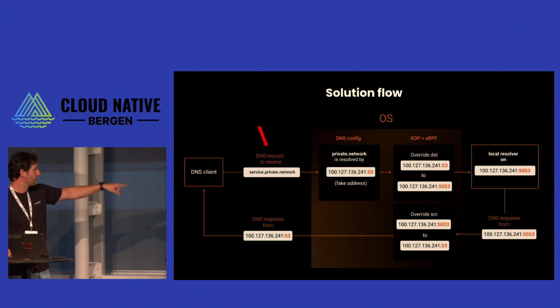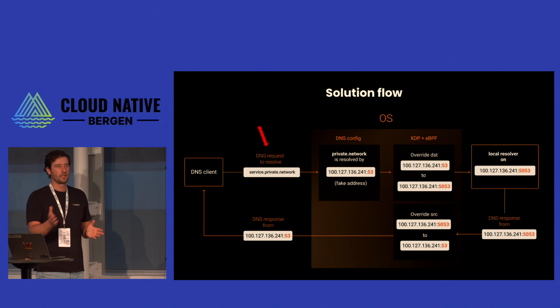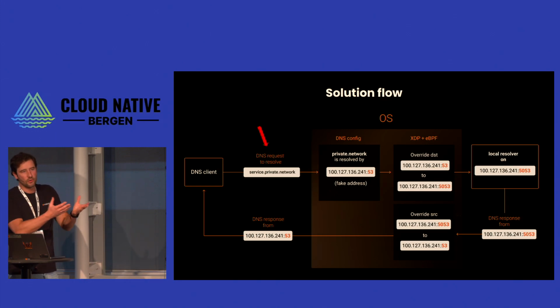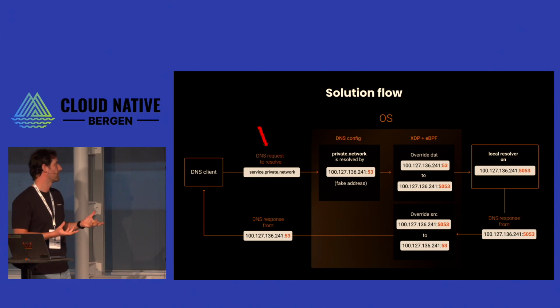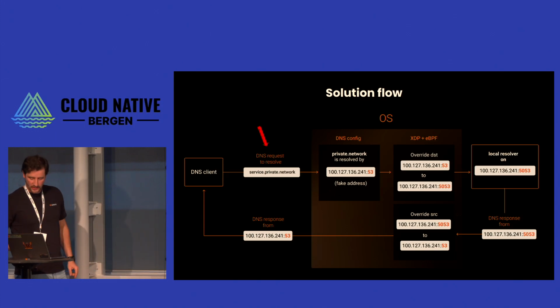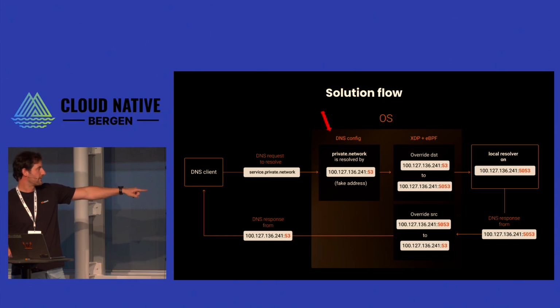Yeah, to better understand this, here's the flow. The DNS client, so whenever you're calling a service, right, it can be a Kubernetes service, it can be a database, you call it by name, or something in the browser, an HTTP service. Your browser client asks the system, give me the resolver for this namespace, for this domain. So the operating system sees that the configured resolver is the fake one with port 53.